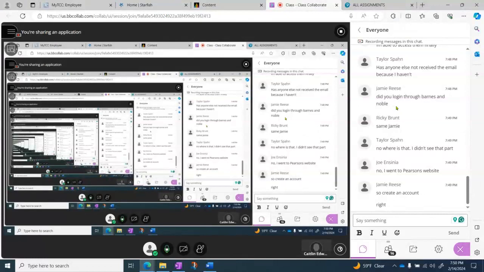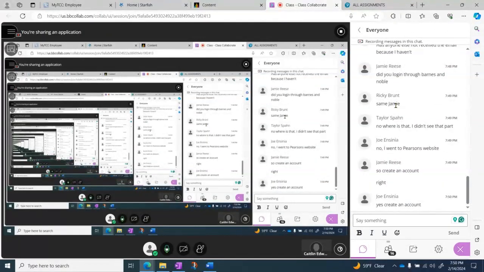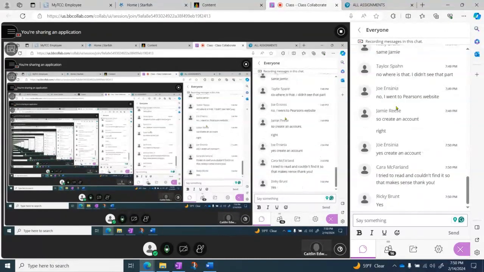Then I copied it and clicked the link, and you have to click create an account. I did it with my TCC email, and then you have to go back to your TCC email to verify it or nothing will be accessible. The email is super, super long, so you have to scroll all the way to the bottom and copy the code, then register an account on Pearson and then verify your TCC email before you'll have access to everything.